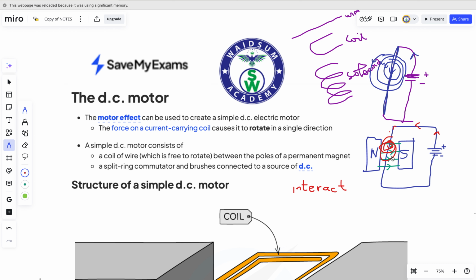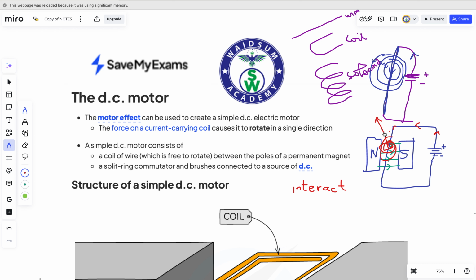The force will be the thumb, the movement, and your thumb will be going up if you do Fleming's left-hand rule.